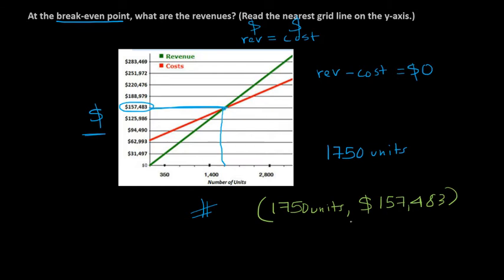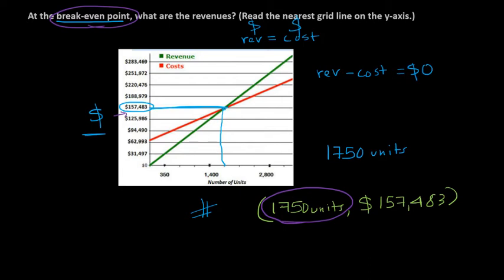Well, the break-even point refers specifically to the number of units, okay? So break-even point should be given in units. So break-even point is 1,750 units. The break-even point is not the dollar amount in this case, unless it specifically asks. So again, break-even point is the number of units.